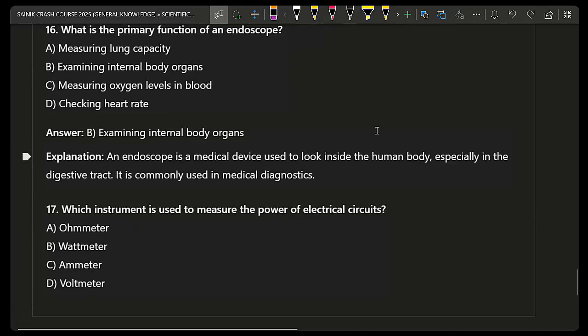Ohmmeter, wattmeter, ammeter, voltmeter.